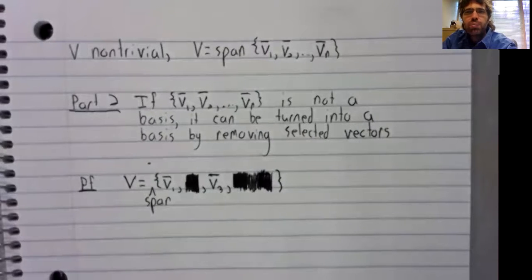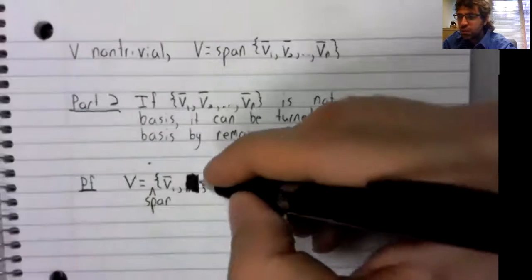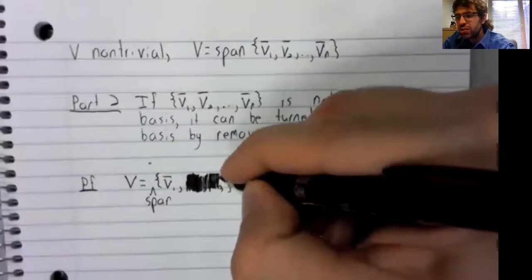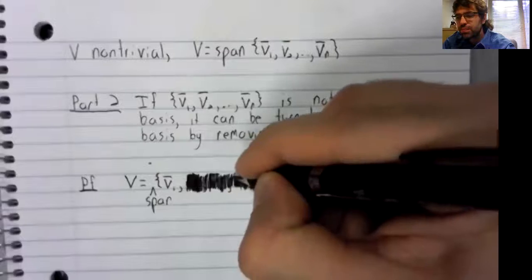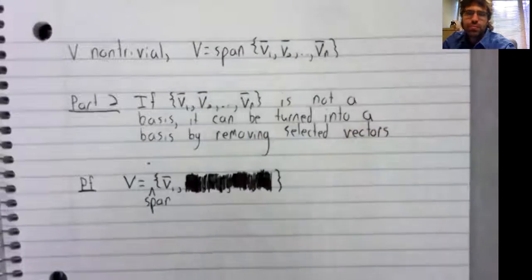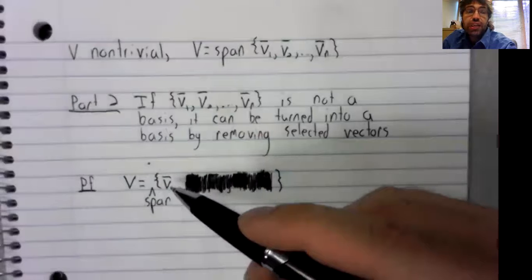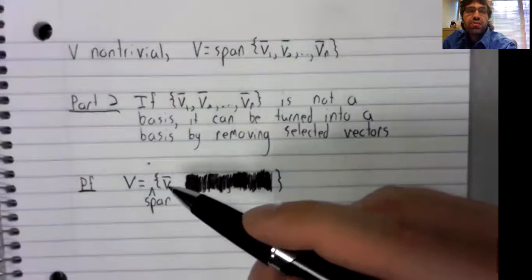Either these are a basis or they're not. If they're a basis, good, we're done. If they're not, one of them is a linear combination of the other, and we can get rid of it. And now this is definitely a basis.